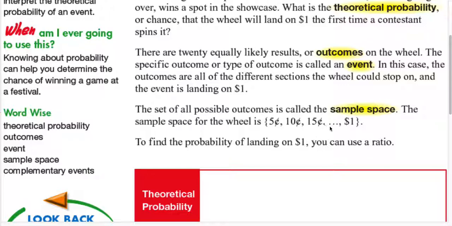The 3 dots indicate the missing numbers, which are not mentioned in this particular set, but they are included in the set. So the sample space for the wheel is 5 cents, 10 cents, 15 cents, all the way to $1. We've discussed a few important terms here: theoretical probability, outcomes, event, and sample space.